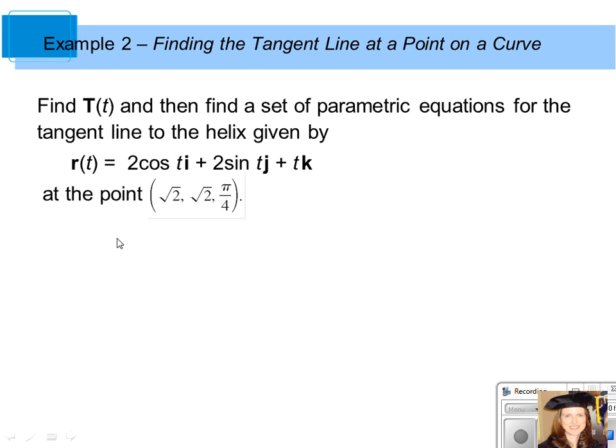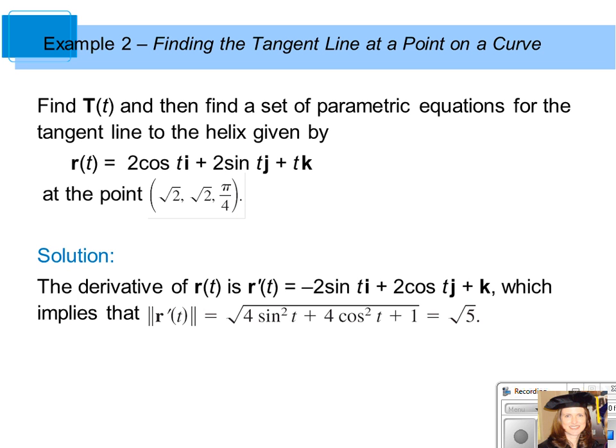I do want to point out that to determine the location on the curve, we need to think about the t where x is equal to square root of 2, y is equal to square root of 2, and z is equal to pi over 4. In this case, t can be understood to be pi over 4, because the k coefficient is t, and the point in space has z equal to pi over 4.